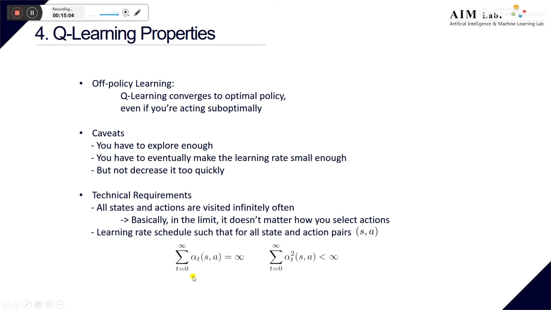The first one is that the summation of alpha_t is infinite, and the summation of alpha_t squared is not infinite, it is smaller than infinity. If these two technical requirements are satisfied, Q-learning goes well.